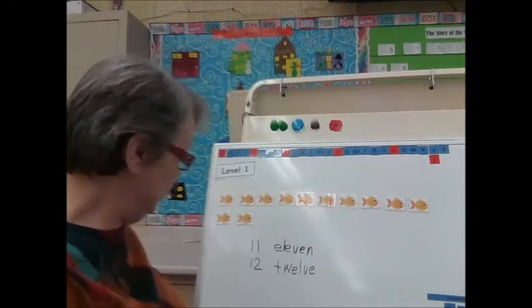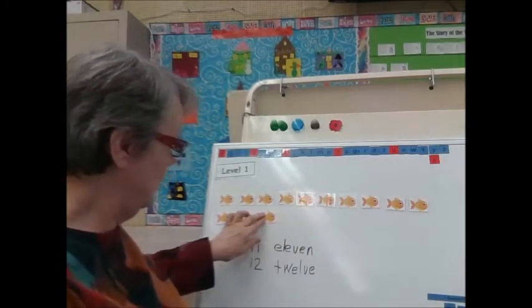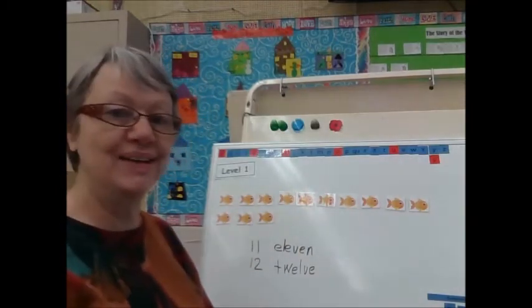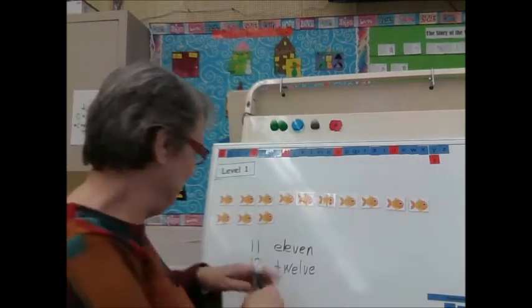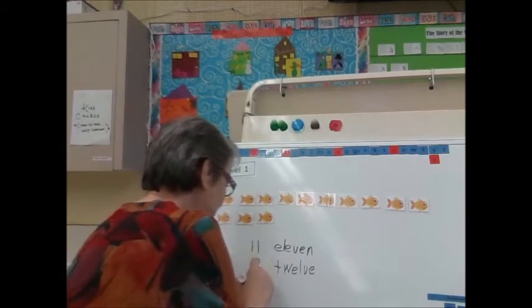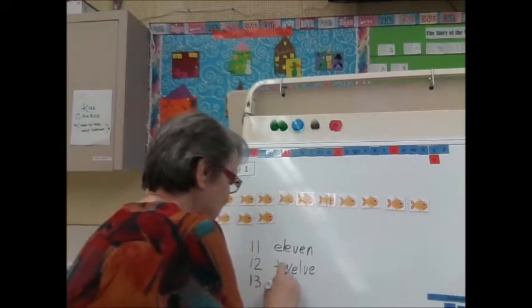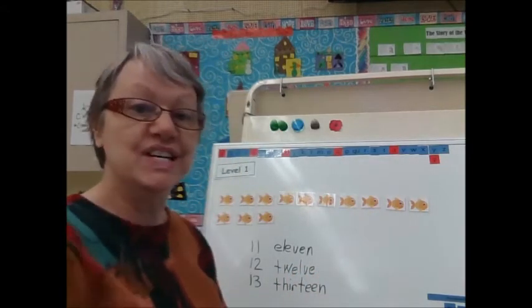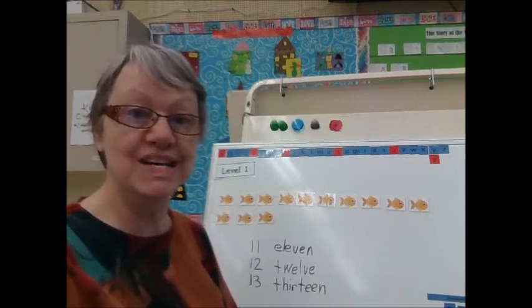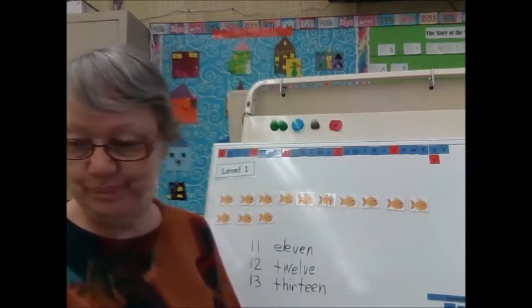Okay, I'm going to add another fish. Here we go. And what is that? That is, if you said 13, you are right. 13. Okay, so I'm writing the number 13 and the word 13.